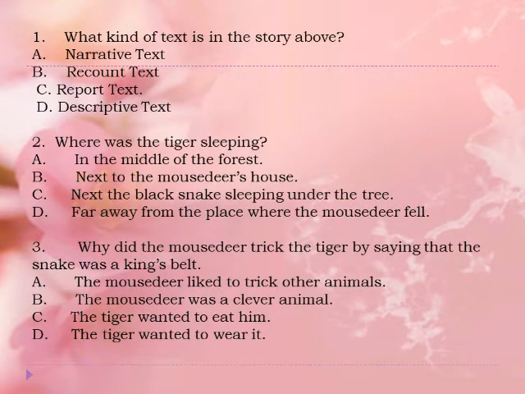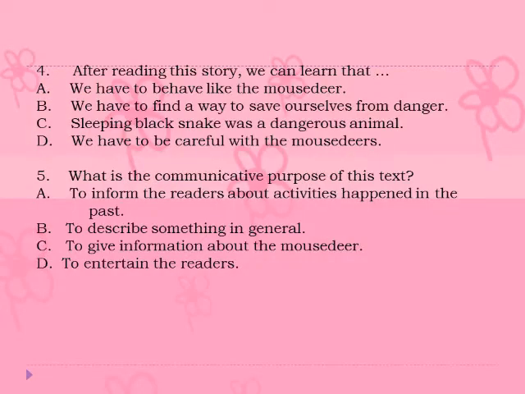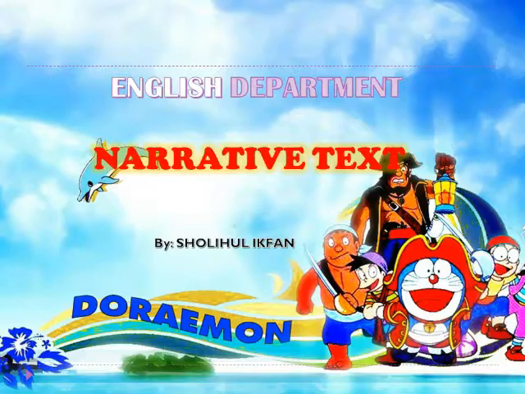Of course, the story above is a narrative text. This is a very easy question. And for the second, third, fourth and fifth questions, it will be your homework to do at home.